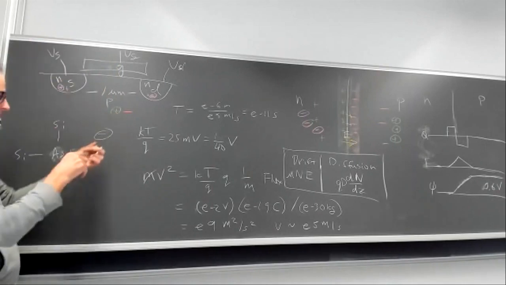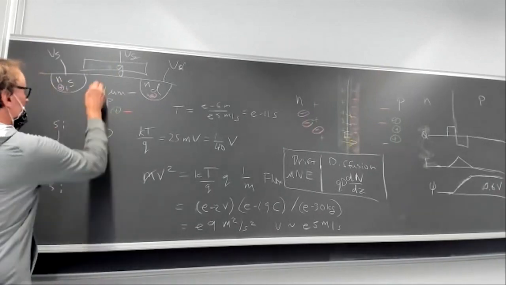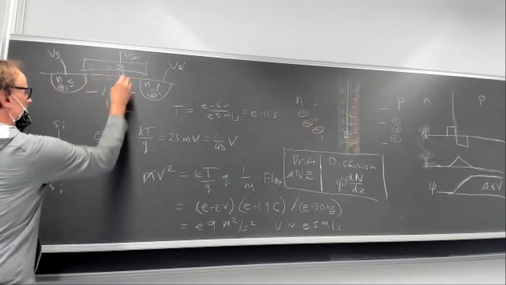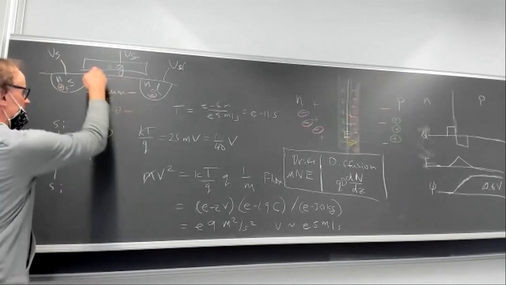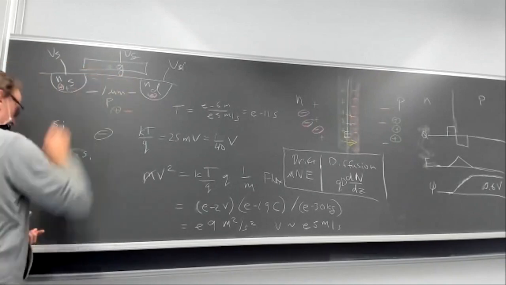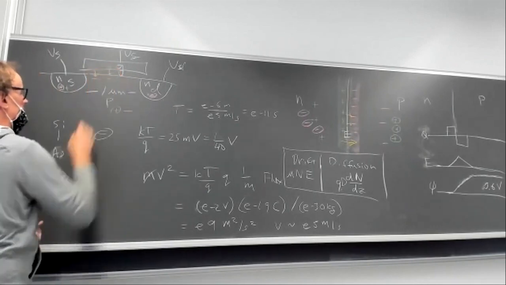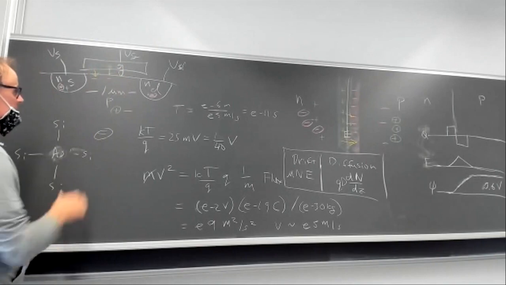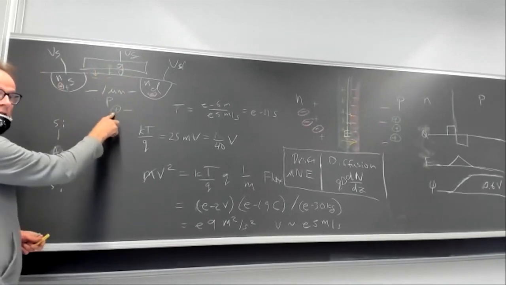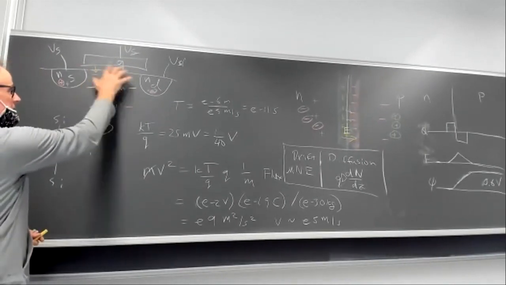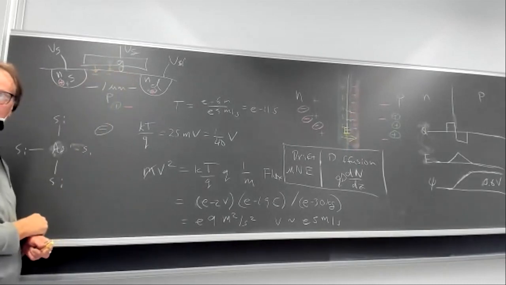They just get pushed away from the surface, and then you end up with the bare ions, and of course there's a field line connecting each one, right? You can think of these field lines. So the first thing that happens is you push away these mobile holes, and you basically made it like the space charge region.